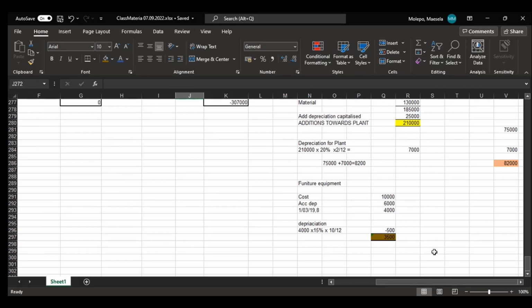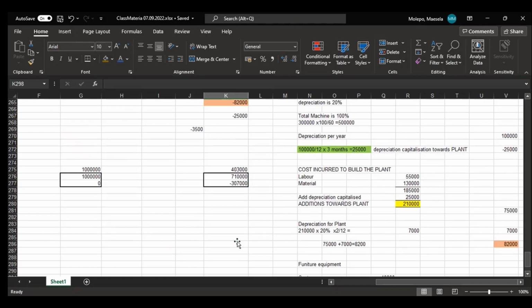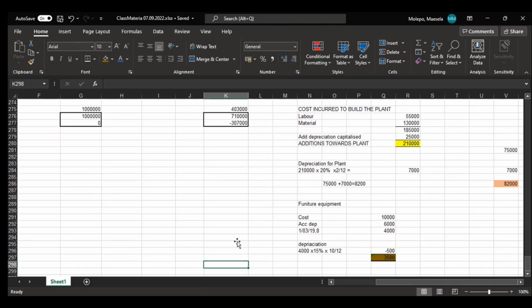Why are you adding the 500 rand to the disposal? Because they said the disposal is 3,000. Why are you adding the depreciation to the disposal? Which depreciation? I recalculated the depreciation is 500 rand for the 10 months. Yeah.